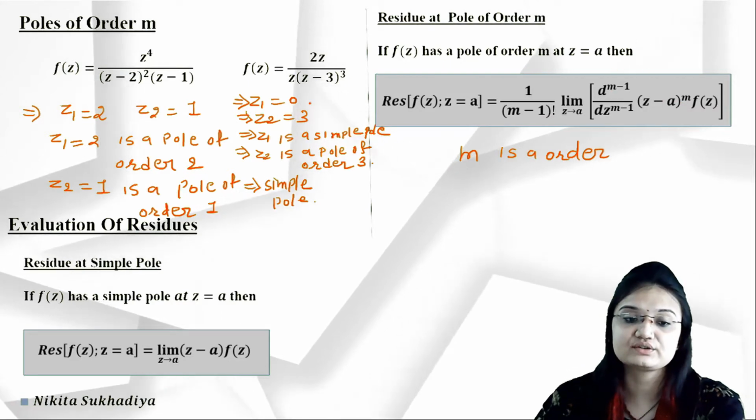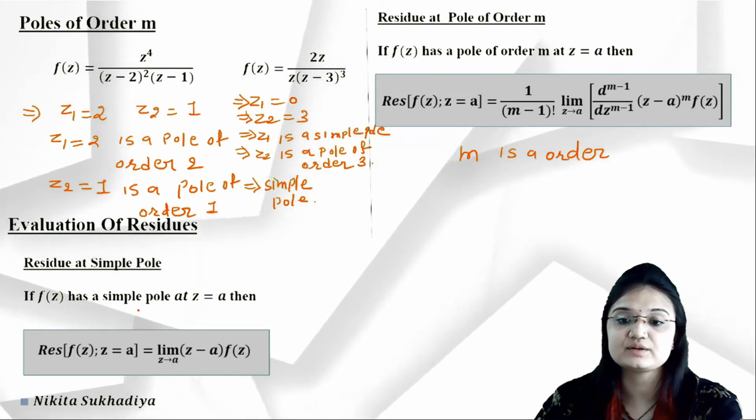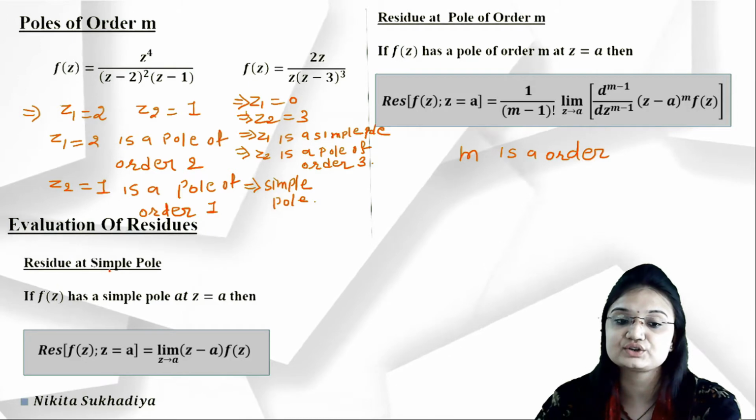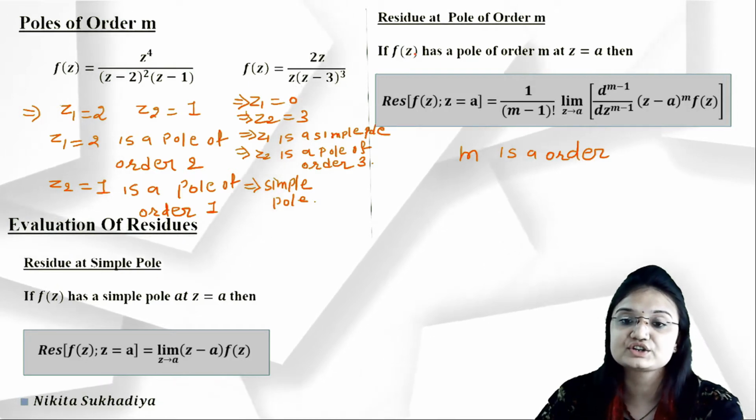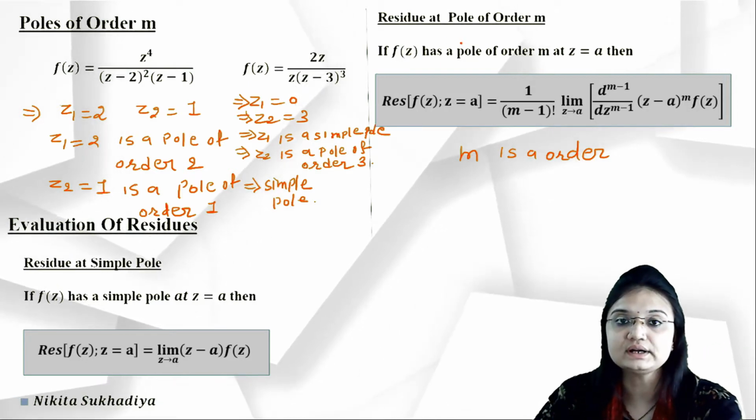So we can find out the residue with the help of this equation, that is residue at a simple pole and residue at a pole of order m.